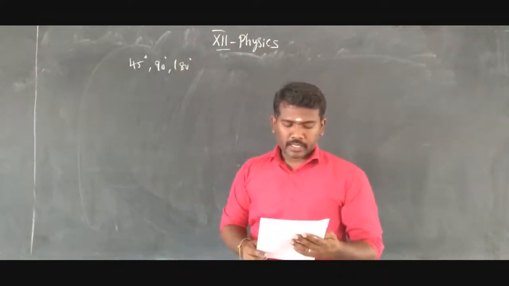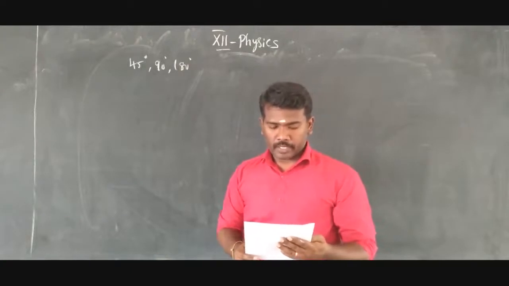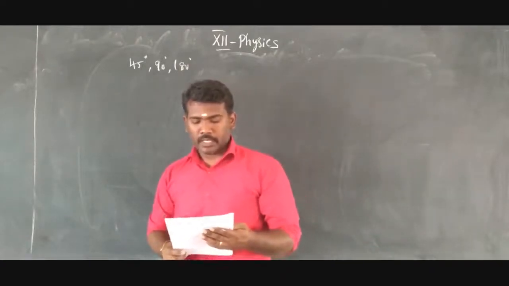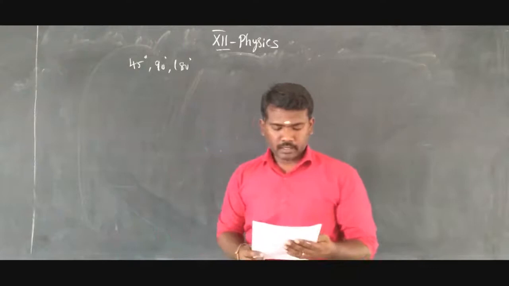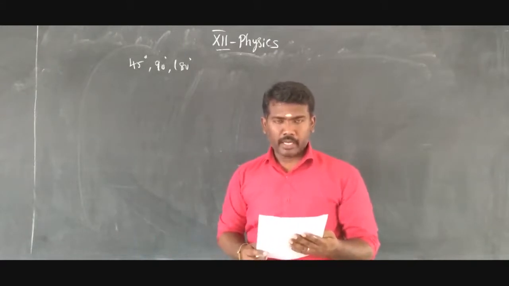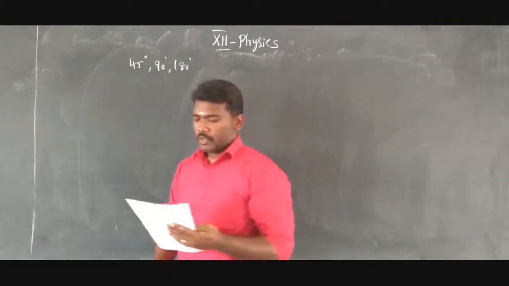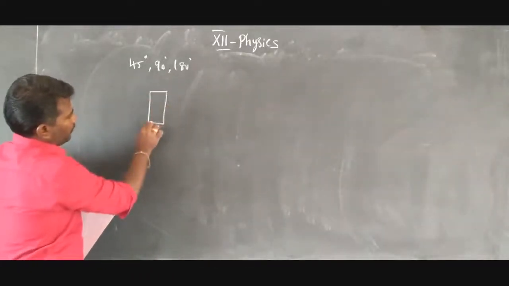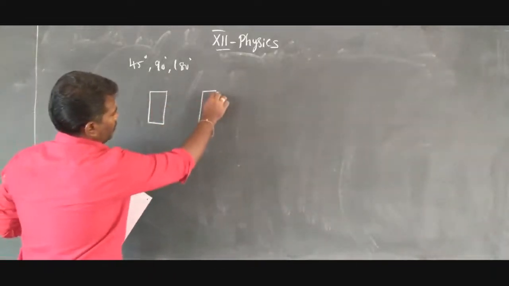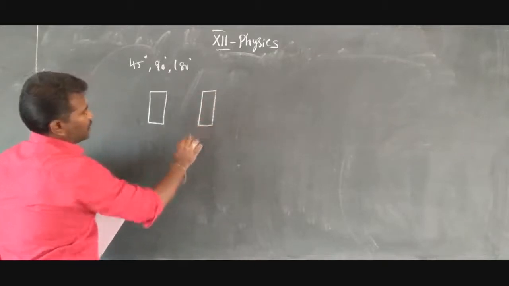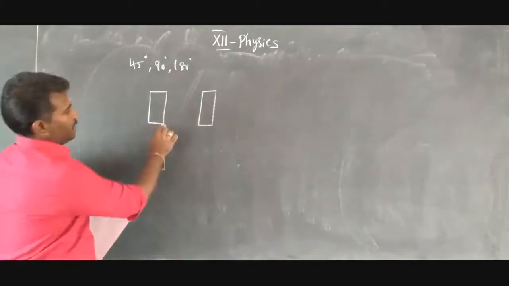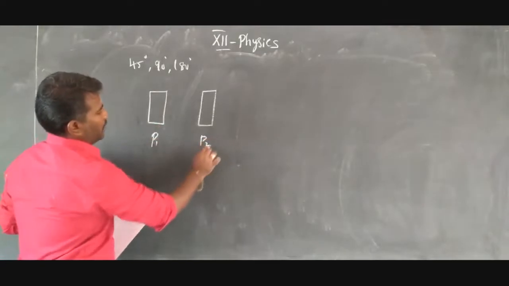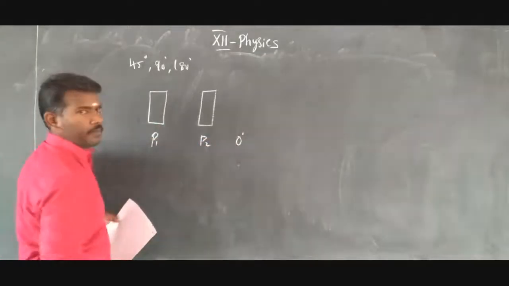How would the intensity of the light coming out of P2 be affected for these angles of rotation as compared to the initial intensity? So we have the two polaroids P1 and P2. Initially we kept the two polaroids in the same axis and parallel to each other, so the angle between the polaroids P1 and P2 is 0 degree.